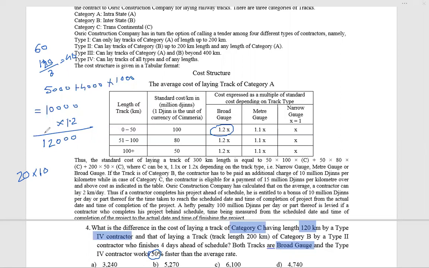This is category C. 12,000 is the cost. 10 million per day is getting, 200 extra you will get.